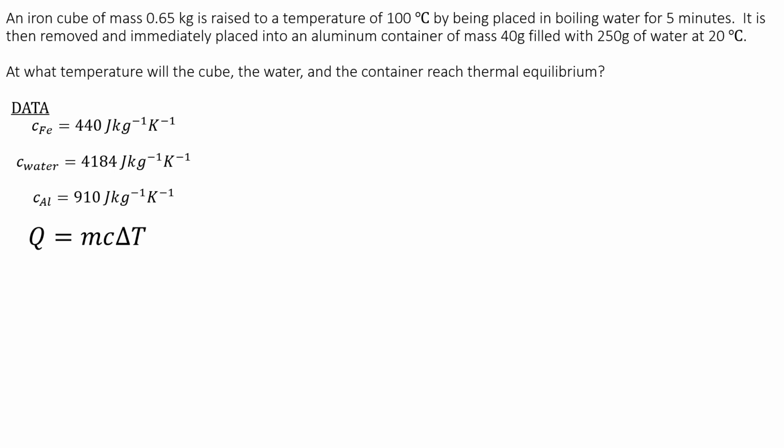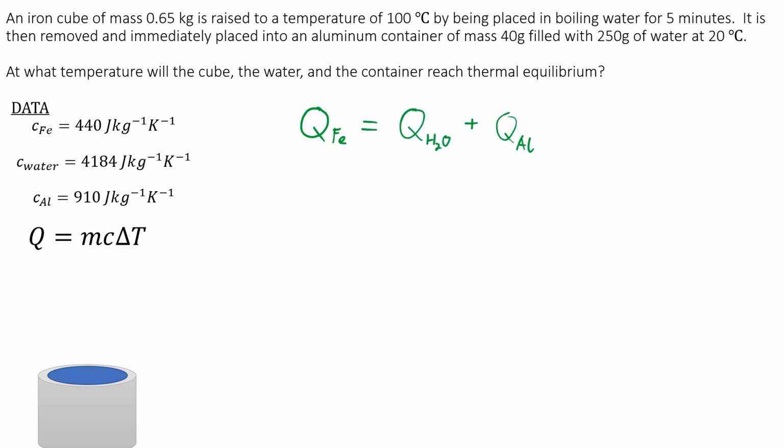So here's the solution. We've got our iron cube, and we're dropping it into a calorimeter, effectively just an aluminium container filled with water. So in order to reach thermal equilibrium, we're going to have to transfer energy from the iron. That's kind of the definition of thermal equilibrium.